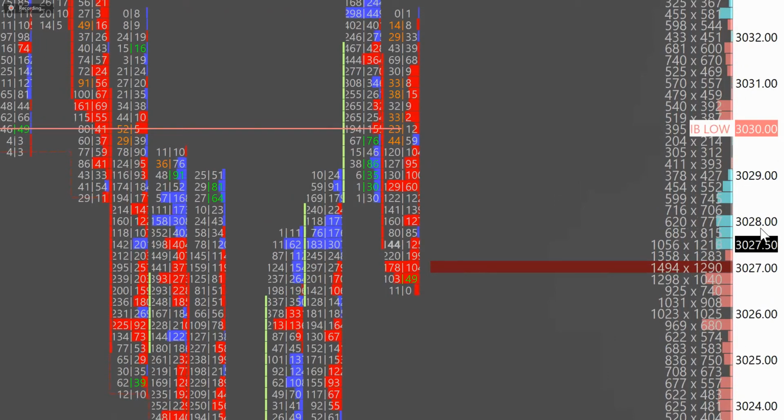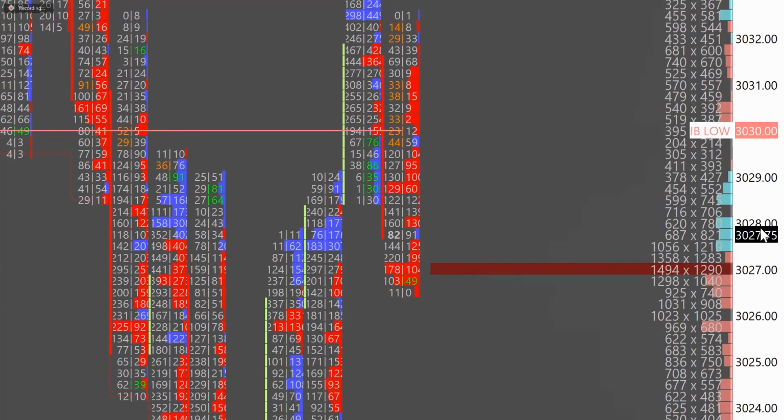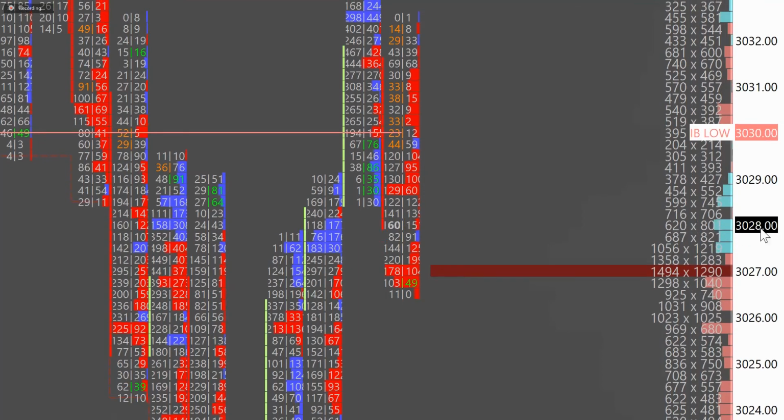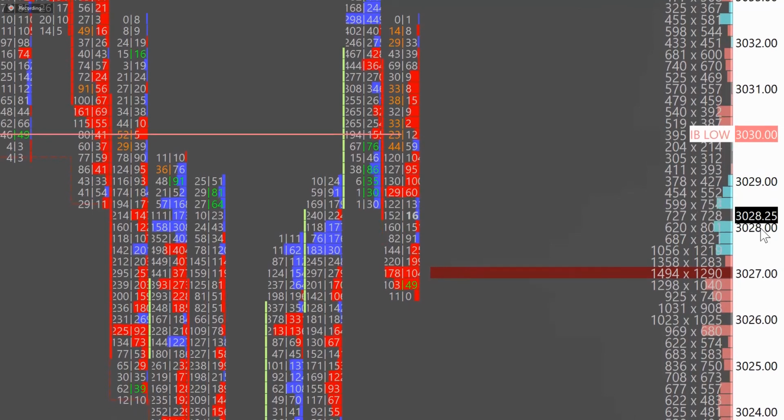And if you go all the way at the top at the 3032 price level, you see the oranges, the 14, the 29s, the 33s, the 38s. They're colored because it shows the aggression on the sell side. Eventually you'll get used to it.